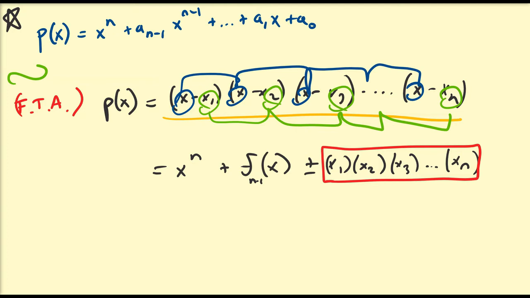Now notice that this does not have an x term associated to it, so this actually corresponds to the y-intercept. When we plug in 0 into p of x, p of 0 is going to be 0 to the n plus f of 0. And we know that this function evaluates to 0 because all of these terms have x in them, namely x to the n minus 1 all the way down to just x.